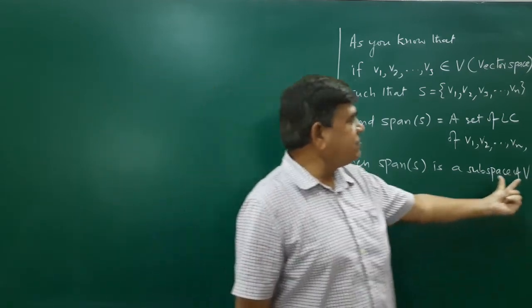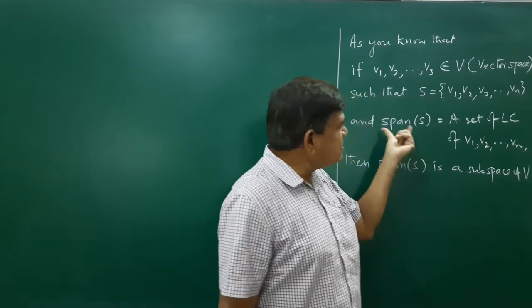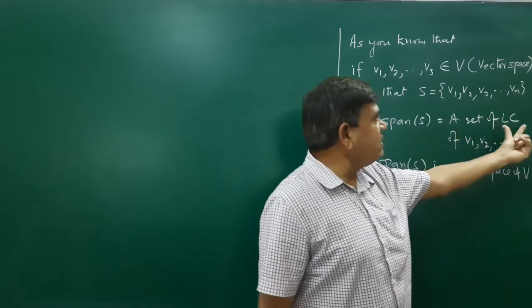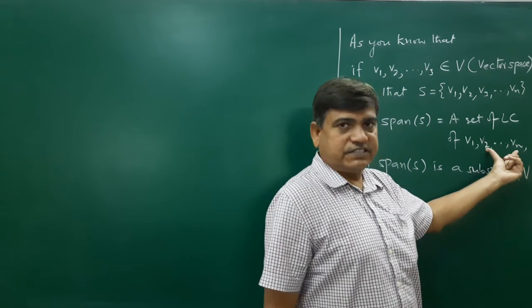Span S is a subspace of V. And what is span S? It is nothing, a set of linear combinations of all these vectors.